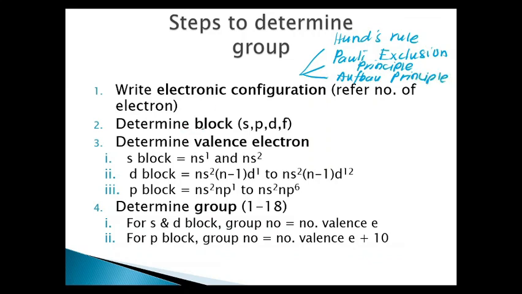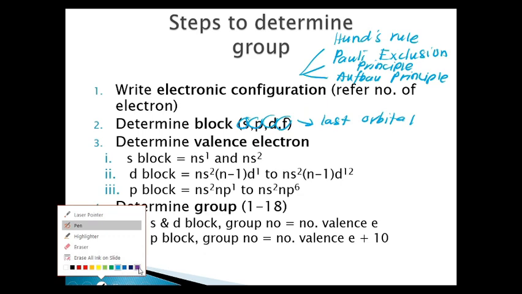Next, you need to determine the block, which is the last orbital in the electronic configuration. We're going to have 4 blocks: S, P, D, F.